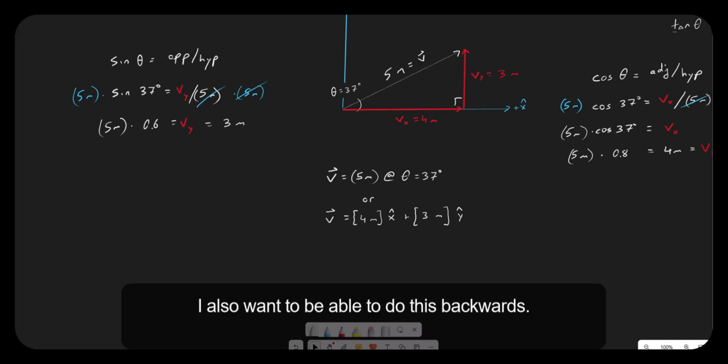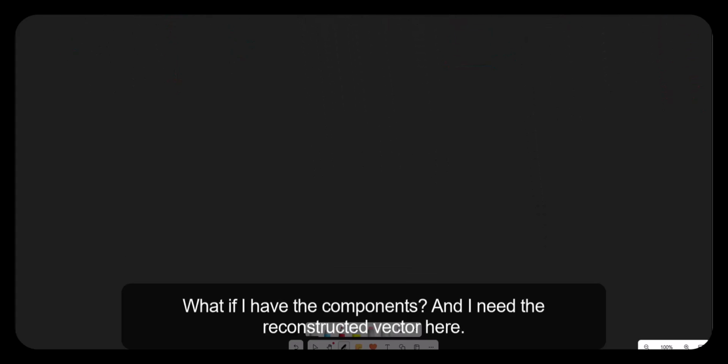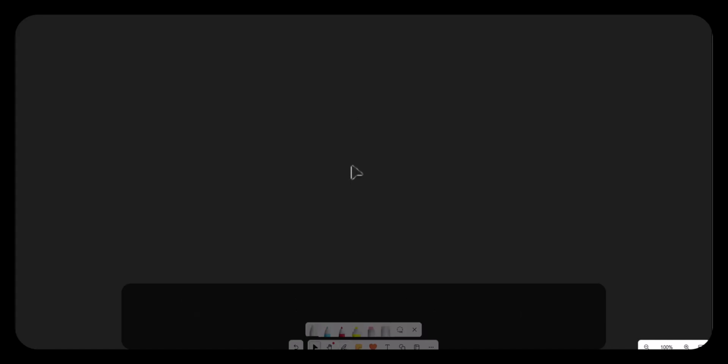I also want to be able to do this backwards. What if I have the components and I need the reconstructed vector?